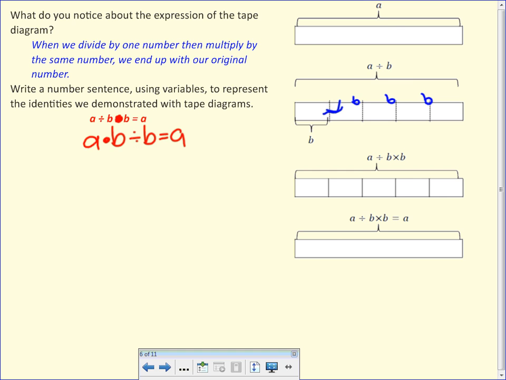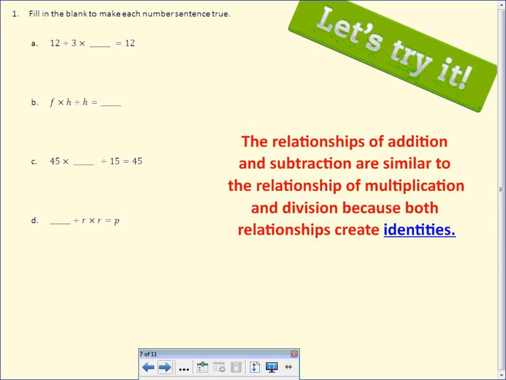All right, so to conclude, let's take a look. Number 1A, this is not in your notes. Let's just do this together. 12 divided by 3 times what will give me 12 again? Everybody? 3. F times H divided by H equals F. 45 times what divided by 15 will give me 45 back?